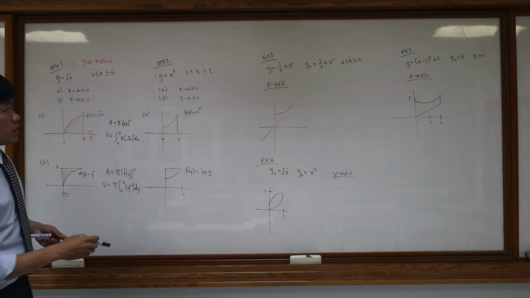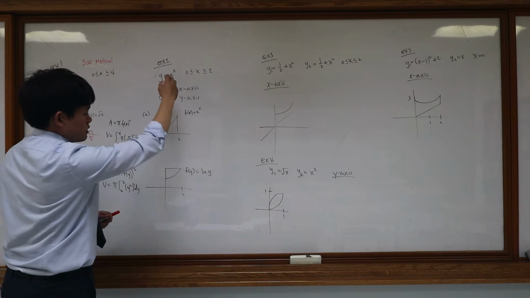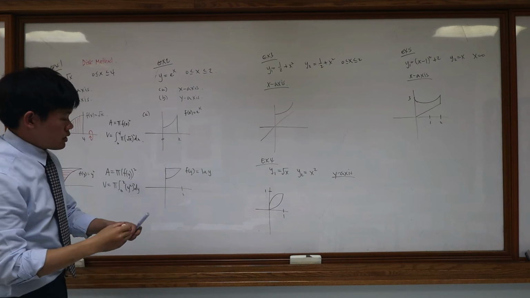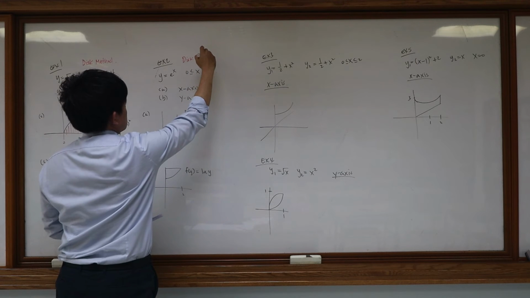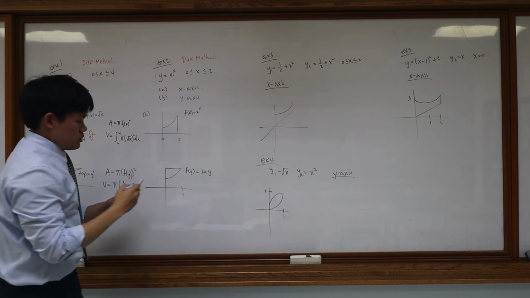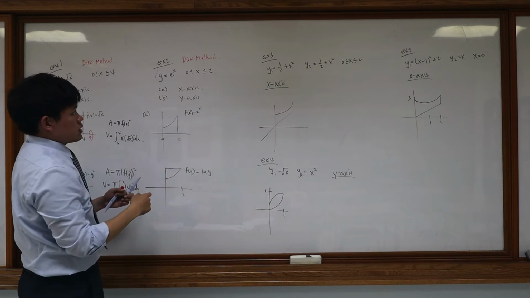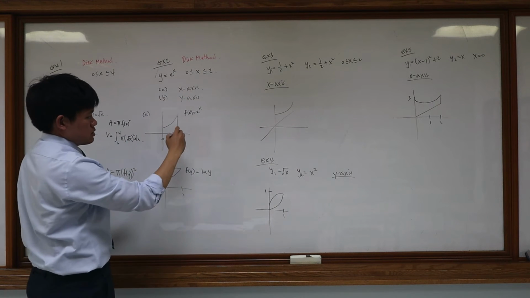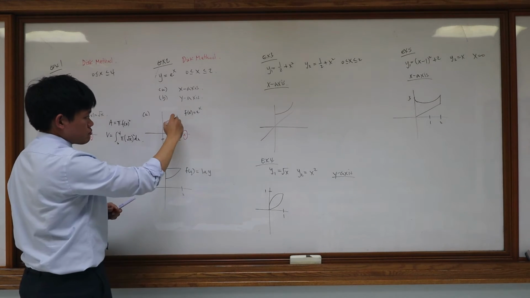Now, next one we have e to the x, between 0 and 2. Again, it's just one function, so this is the disk method as well. This is e to the x between 0 and 2; that's what my function looks like. First of all, rotating around the x-axis, rotating this way, my cross-section is going to be vertical.